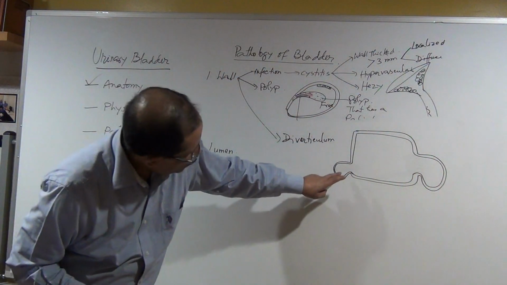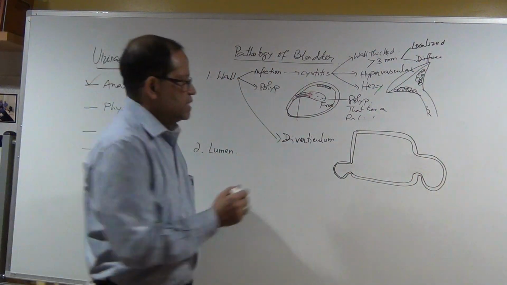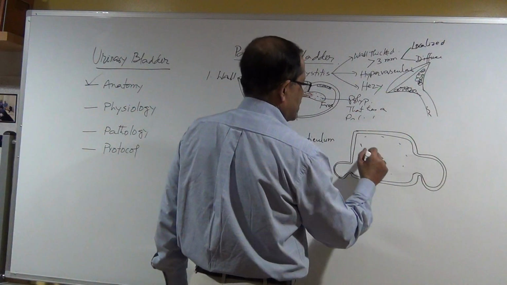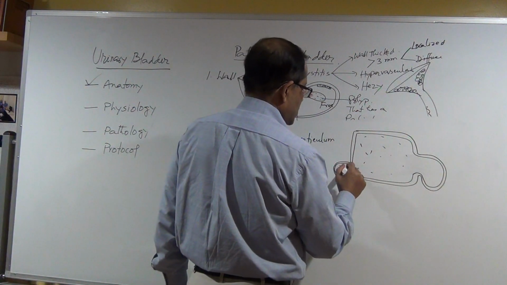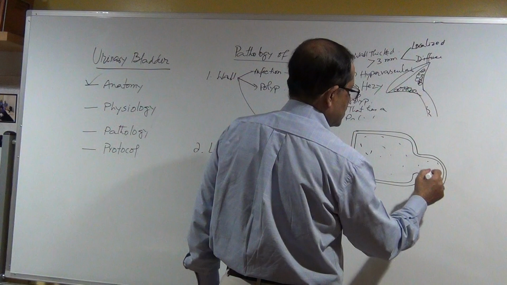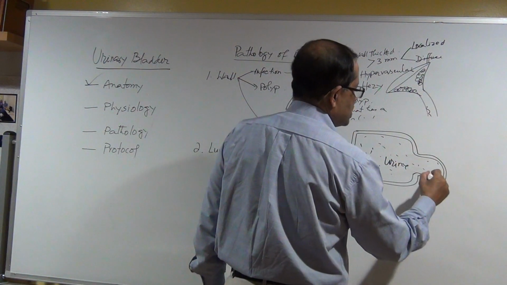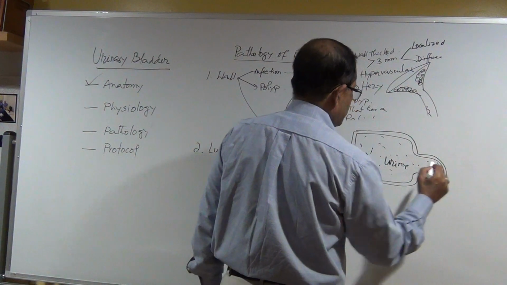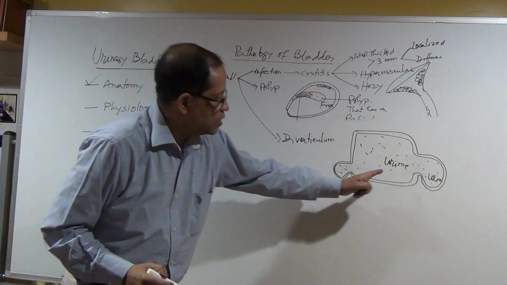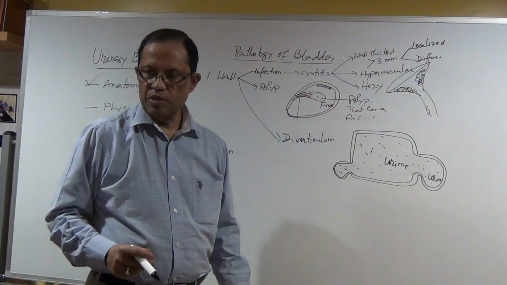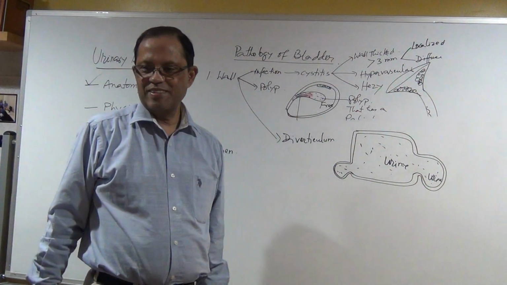Then you have to say, what is this? This is filled with urine. This is urine. This is urine too. Now look here. I saw the diverticulum, same size as the bladder.